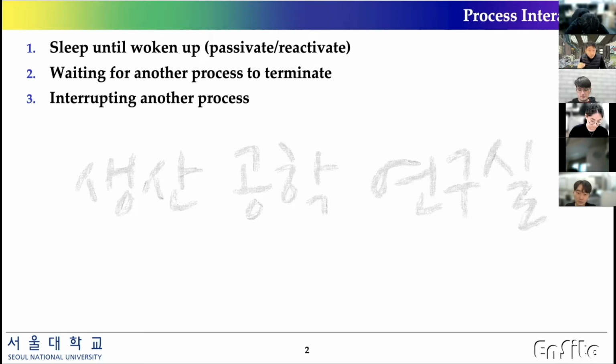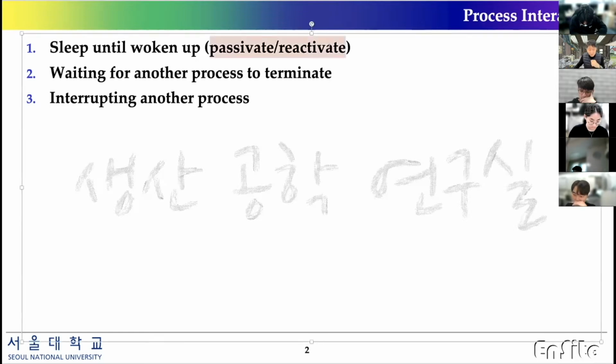There are three kinds of process interaction that could be implemented. The first one is to sleep until an event is triggered, meaning woken up by using passivate or reactivate.